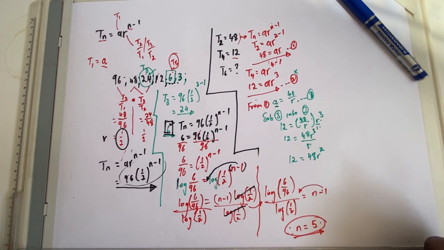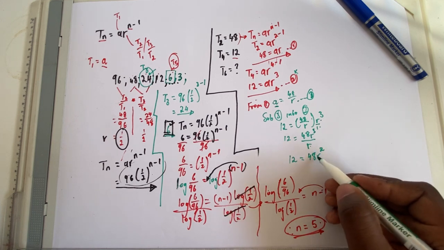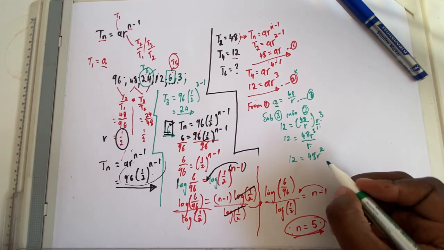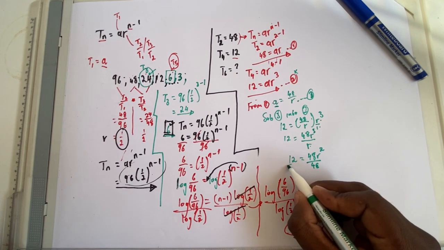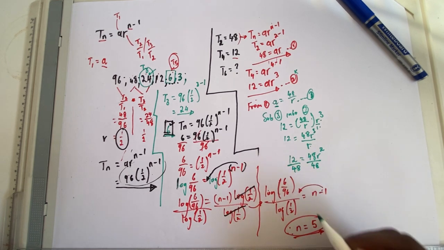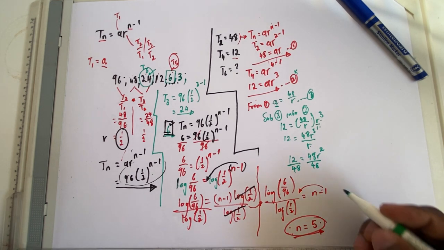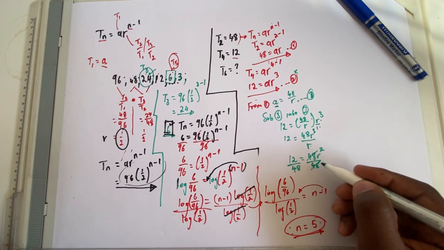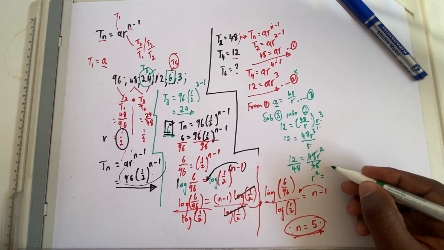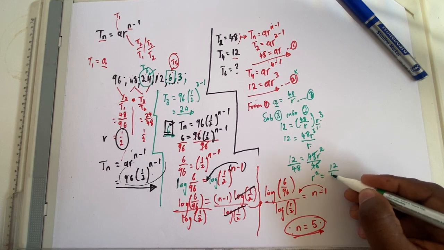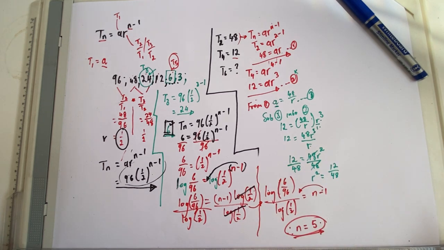Now I want r to be the subject of the formula. So I divide here by 48. What you do on the left, you also do on the right. So this 48 will cancel 48. I'm going to be left with r squared equated to 12 over 48.